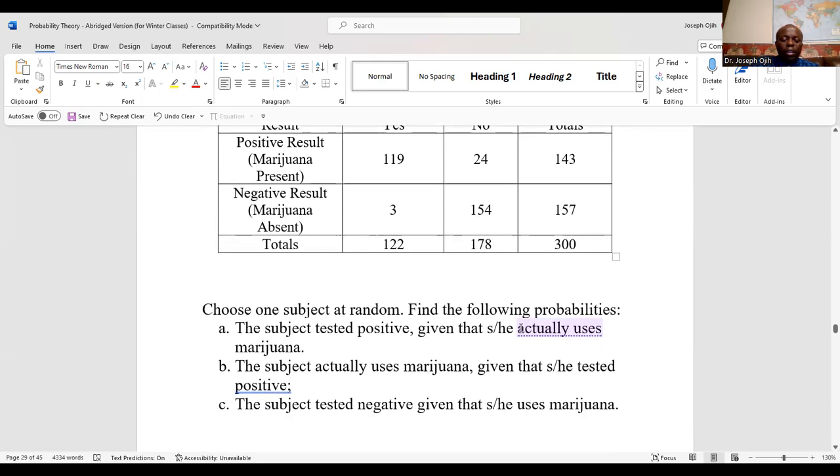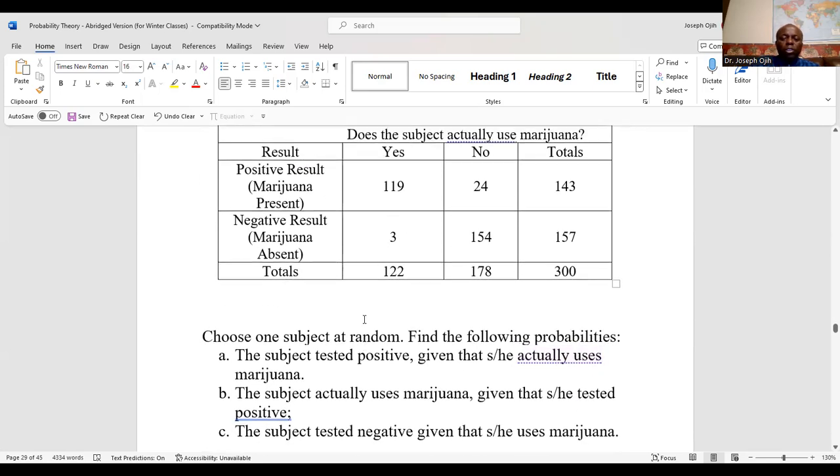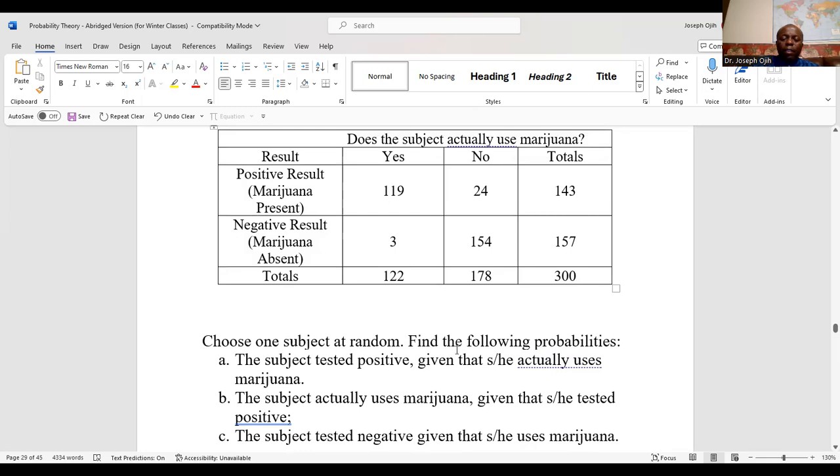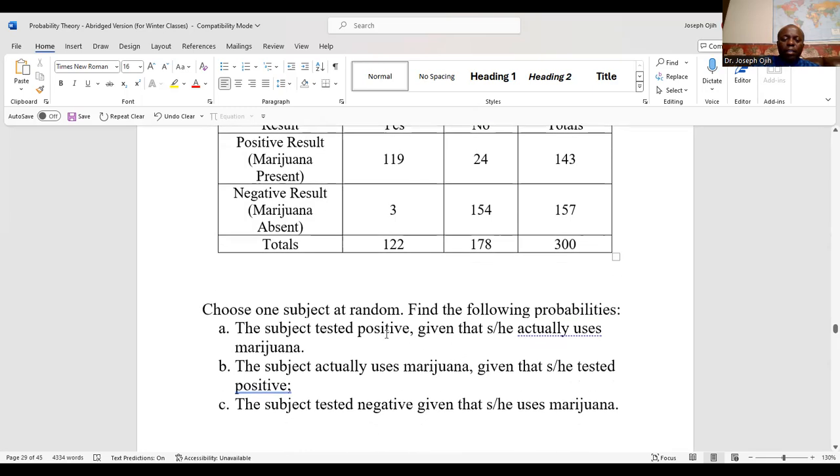The question says, choose one subject at random, then find these probabilities. A, the subject tested positive, given that he or she actually uses marijuana. B, the subject actually uses marijuana, given that he or she tested positive. C, the subject tested negative, given that he or she uses marijuana.